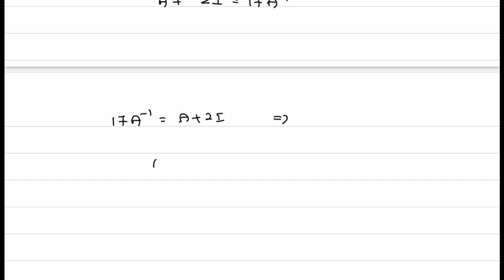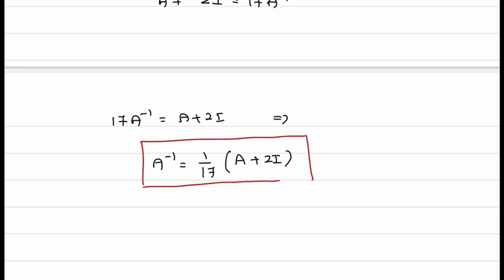That implies A inverse is equal to 1 by 17 into A plus 2I. Just imagine how simply, since you know A and you know 2I, we have found A inverse within seconds. Inverse of a matrix can be found in less than a minute if you use this Cayley-Hamilton theorem, provided you solve for the characteristic equation.